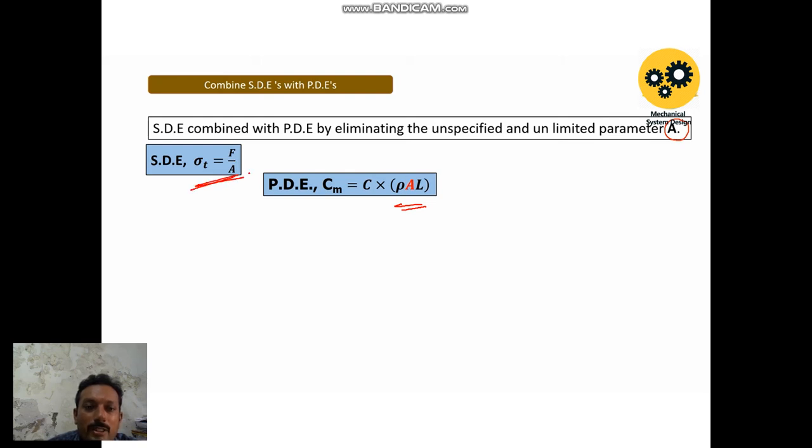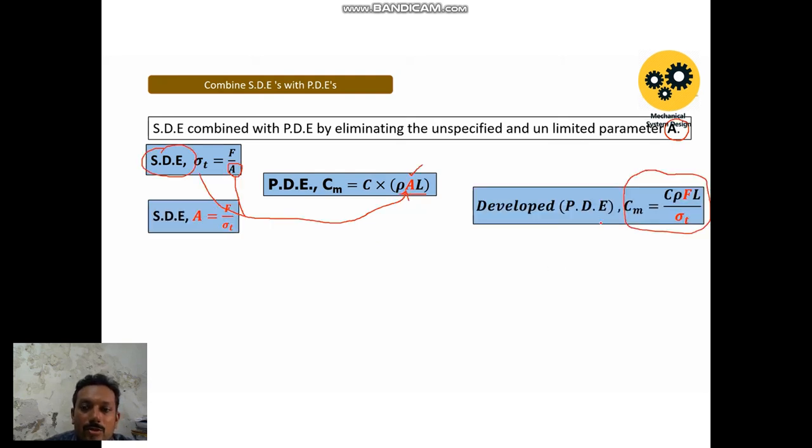So instead of writing this area, area will be replaced by F upon sigma T. So here Cm will be C into rho into area, where area is F upon sigma T into L. So this will be your new PD, or we can say the developed PD: Cm equals C rho F L upon sigma T.